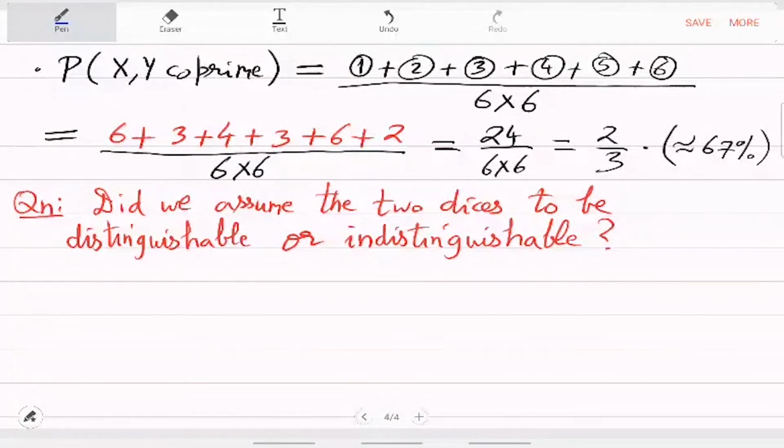Now building on this, we can ask the question, which becomes our third example, that suppose from this infinite expanse of numbers, we pick two numbers at random. What is the chance that they are co-prime?